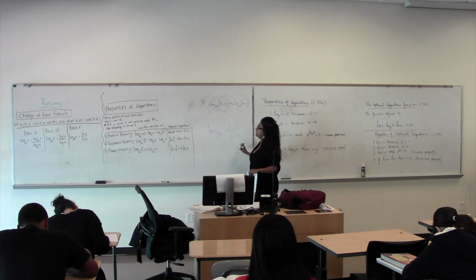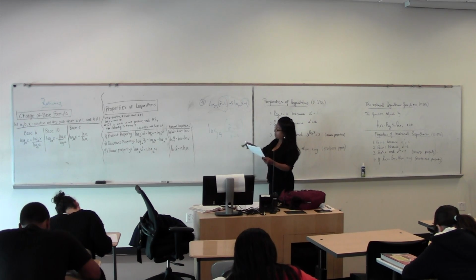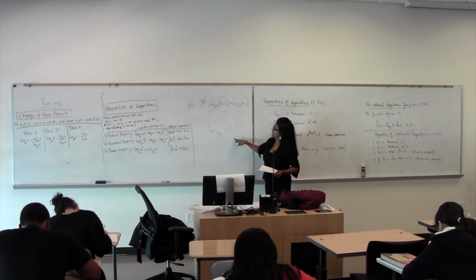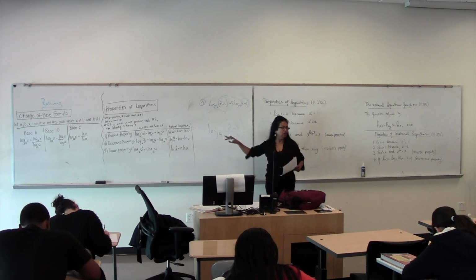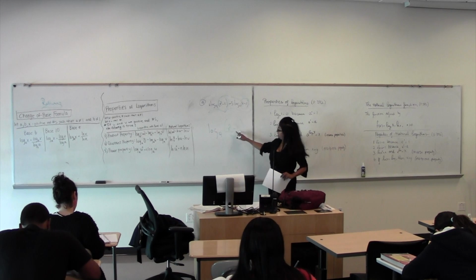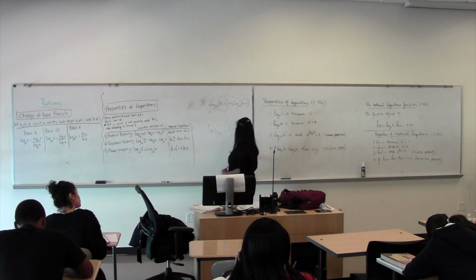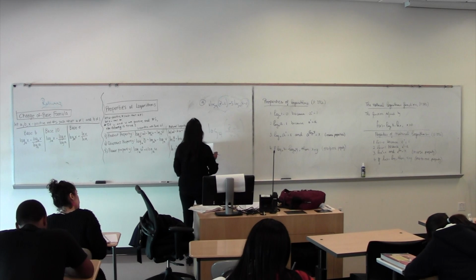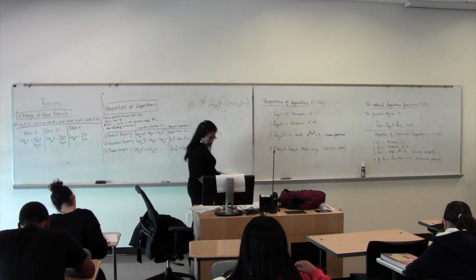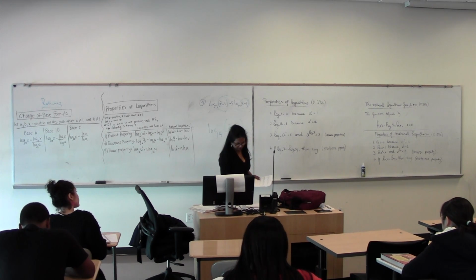We need to write like this. See, subtraction means what? Division, right? The rule goes the other way. When you have subtraction, we need to write as single, you write as division. Now can you simplify this? Can you simplify this?